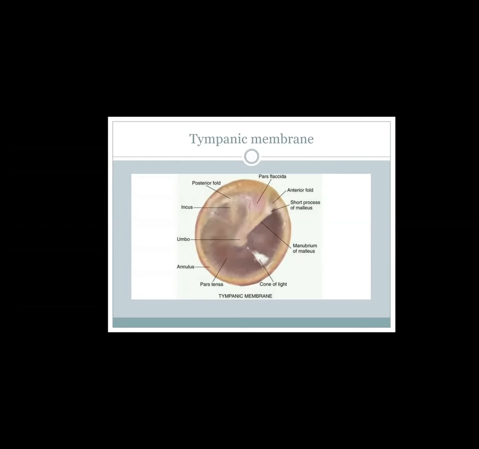The pinkish area above the handle of the malleus is the pars flaccida. The lower one is the pars tensa. This pars tensa is thickened in the periphery to form the annulus. Any perforation in this area of the pars tensa is a safe suppurative otitis media, safe here. Am I clear? This pars flaccida, which is above the annulus rim, any perforation there is unsafe.